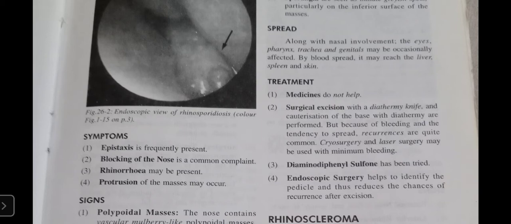On that mass there will be sporangia. Sporangia are black or grayish colored spots. If you examine the nasal cavity, you can see a polypoidal mass with black or grayish spots on it. Those are sporangia, the spores.